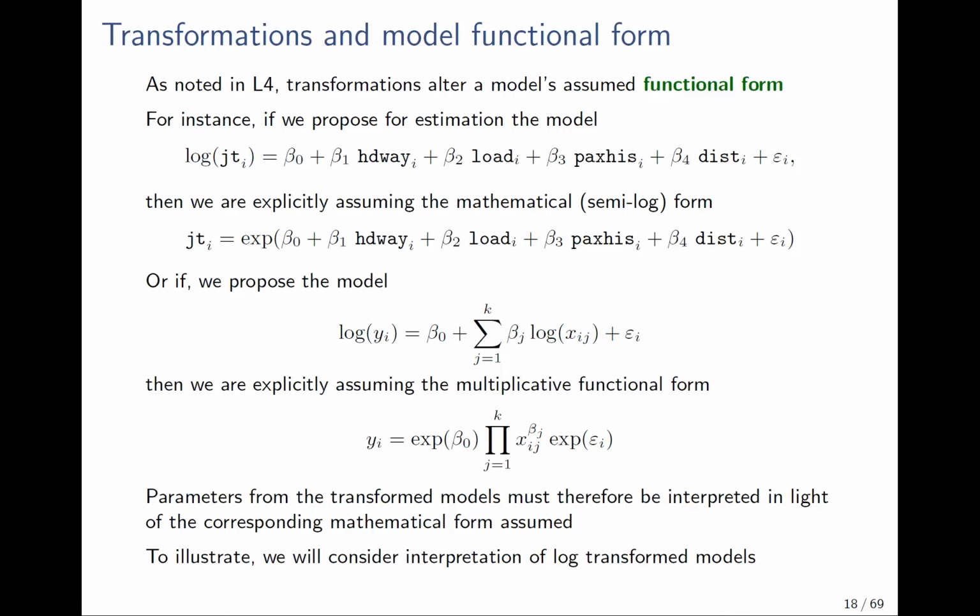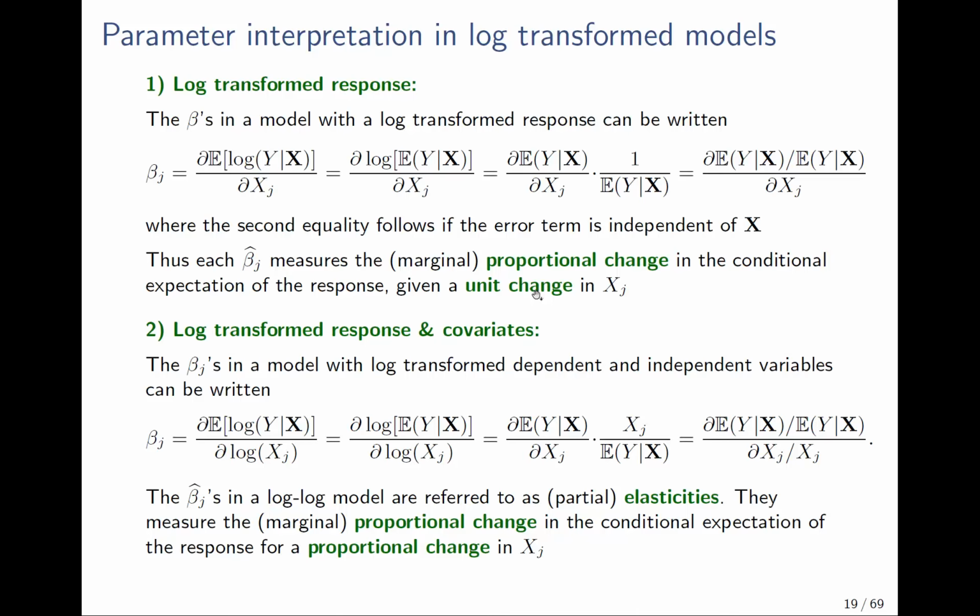So the point is that the parameters from transformed models must be interpreted in light of the corresponding mathematical form that we're assuming underpinning all of this. And to illustrate this, we're going to look at the interpretation of log transform models, which are used very commonly.